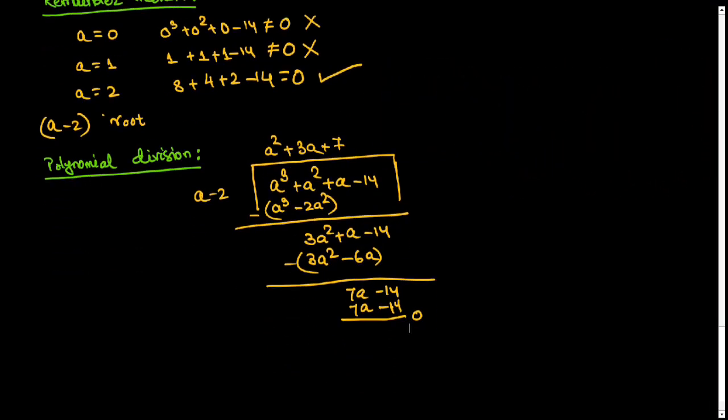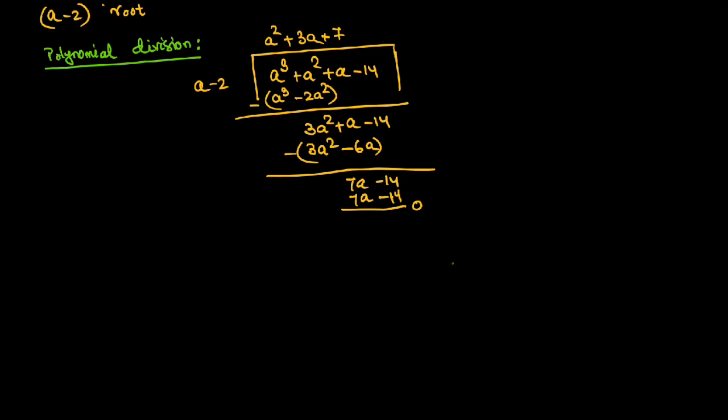Hence, from this polynomial division we know that a cube plus a square plus a minus 14 is equal to a minus 2 multiplied with a square plus 3a plus 7 is equal to 0.